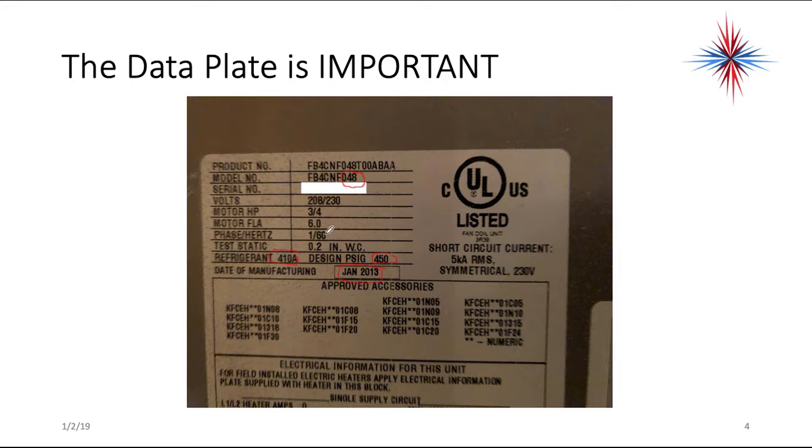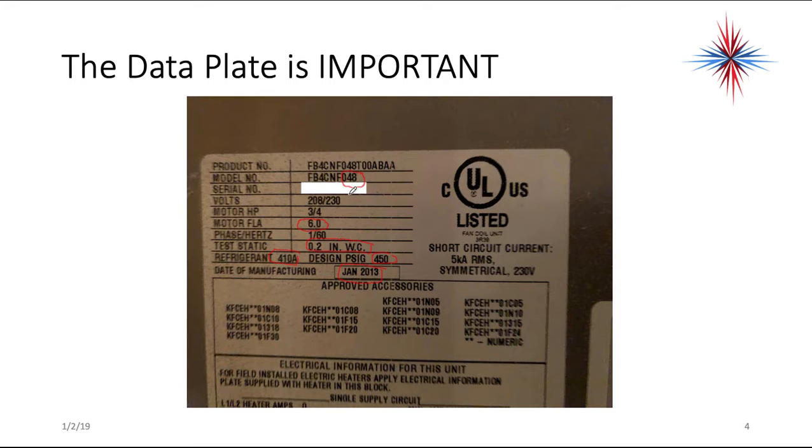But more importantly to me is the motor amperage, the full load amperage on the motor, and also what our design static pressure is, otherwise known as test static pressure. It may say external static pressure. Different manufacturers say different things on this. There's a lot of information on this data plate that I want to know about.